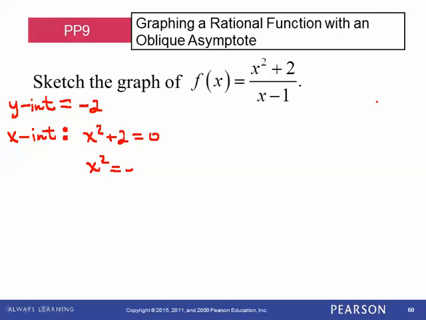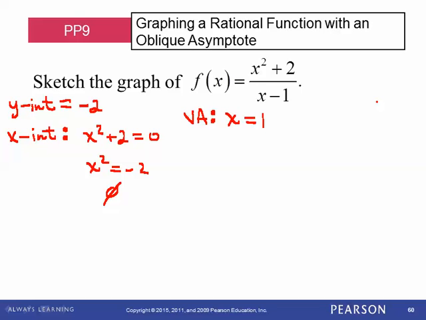Trying to solve for x was not going to work because of that vertical asymptote. Vertical asymptote, x equals 1.